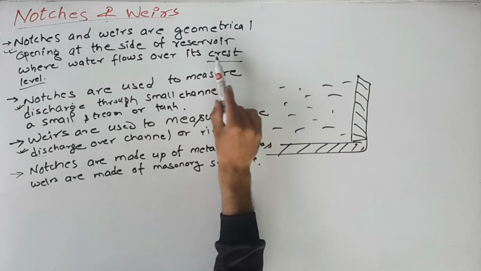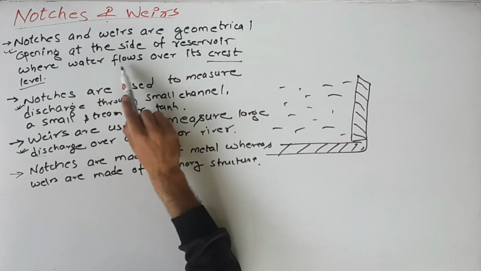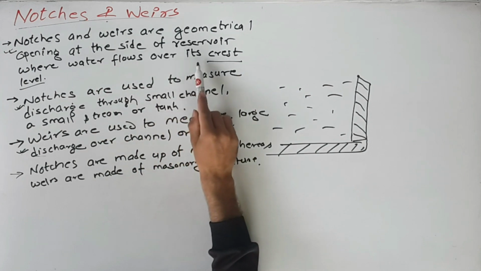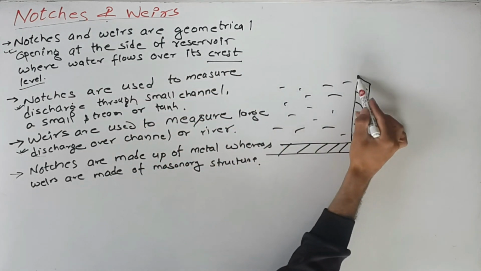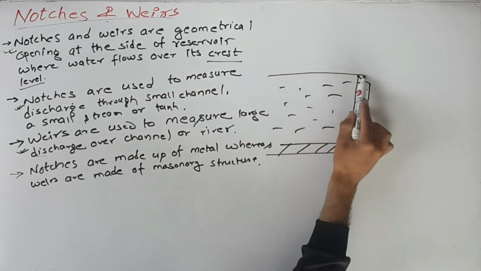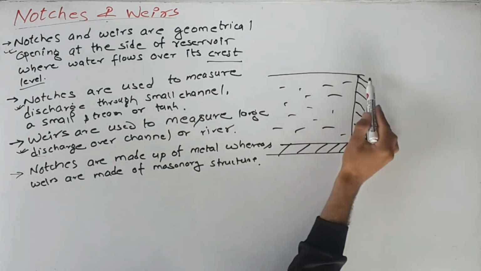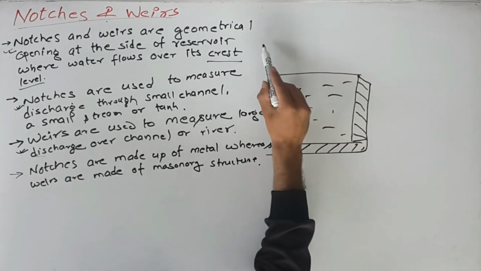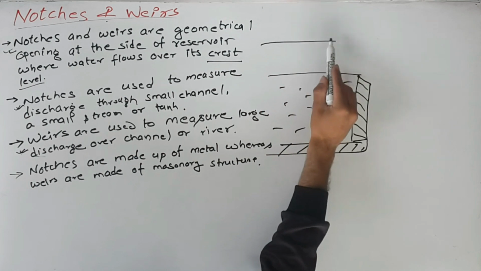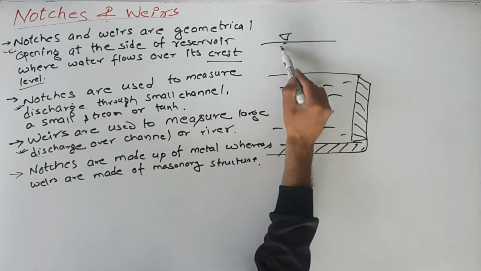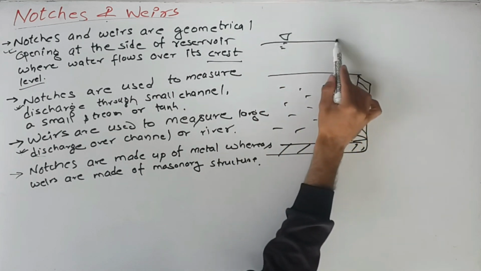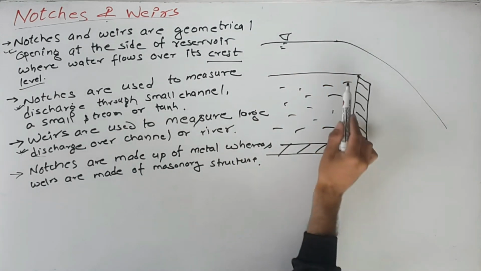By the definition, water or liquid flows over its crest level. This is the crest, so this level is the crest level, and liquid flows over it. It means the liquid free surface is here, and this flows over here and goes downward.